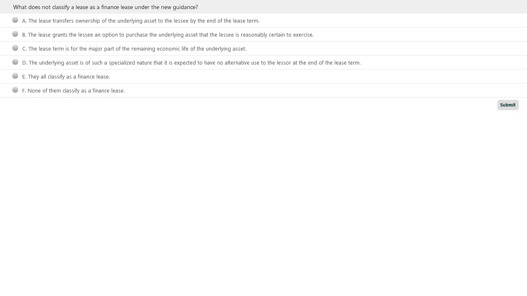B, the lease grants the lessee an option to purchase the underlying asset that the lessee is reasonably certain to exercise. C, the lease term is for the major part of the remaining economic life of the underlying asset. D, the underlying asset is of such a specialized nature that it is expected to have no alternative use to the lessor at the end of the lease term. E, they all classify as a finance lease. Or F, none of them classify as a finance lease.